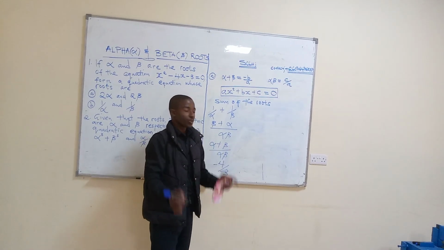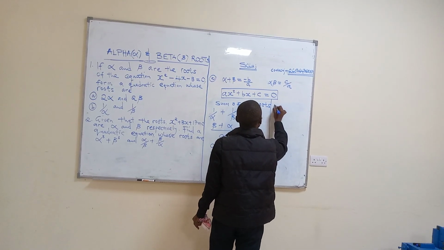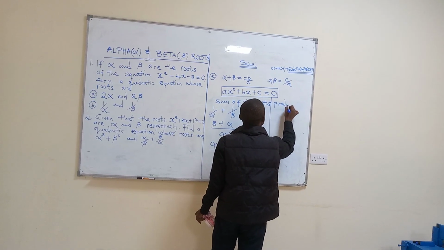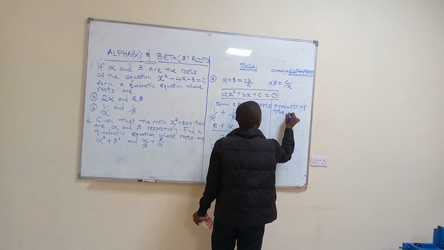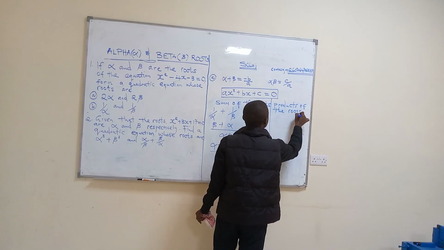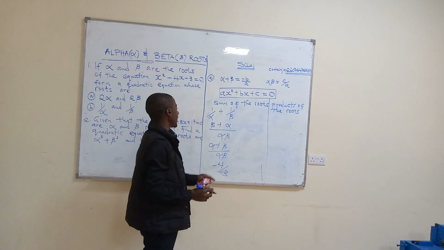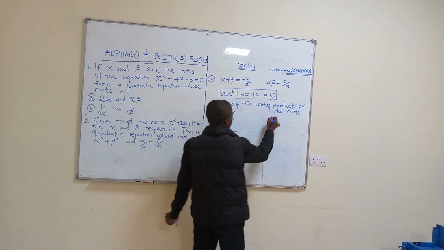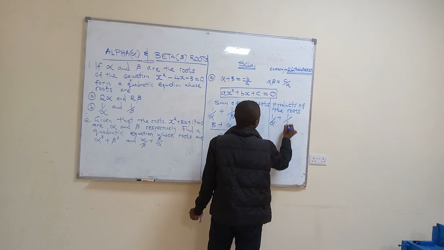Now, what about the product of the roots? The product of the roots simply means that you are multiplying these two, that is 1 over alpha times 1 over beta.